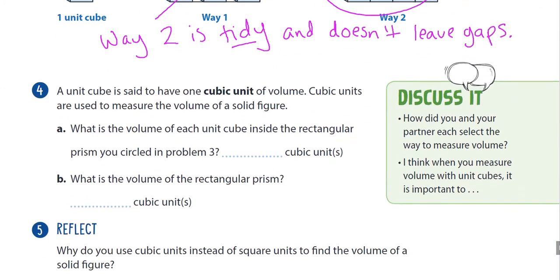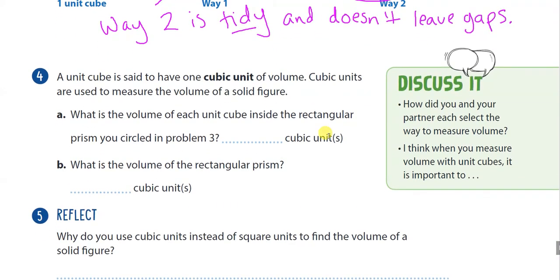Okay. A unit cube is said to have 1 cubic unit of volume. Cubic units are used to measure the volume of a solid figure. What is the volume of each unit cube inside of the rectangular prism in problem 3?